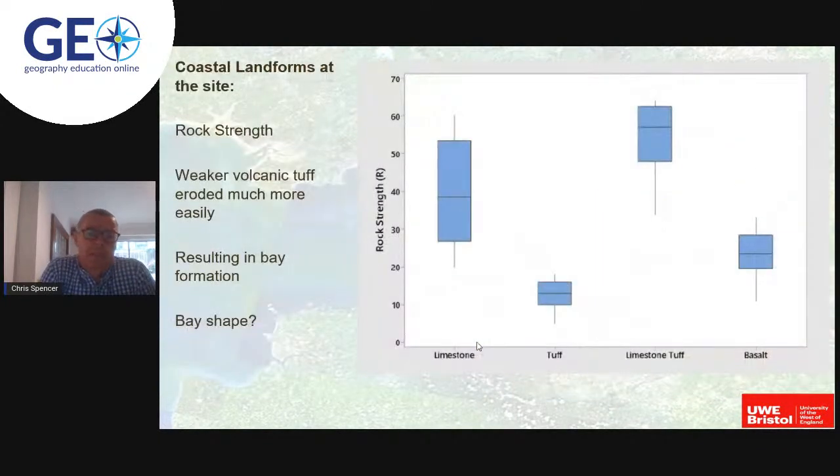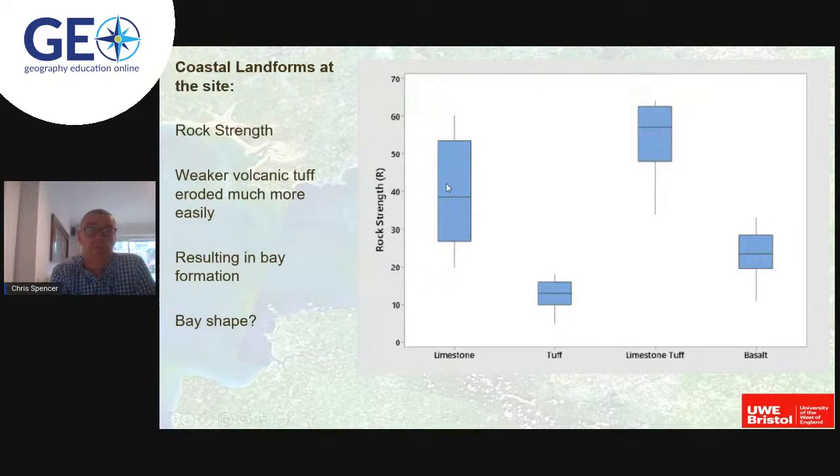And we could look at some data that my students have collected from this site as part of a project, a little bit like the NEA that some of you will be working on at the moment. What they've done is look at rock strength at this site, and there's a couple of different types of limestone here, and this box and whisker plot shows that the limestone, either the pure limestone or the limestone mixed with the volcanic tuff, are both pretty resistant.